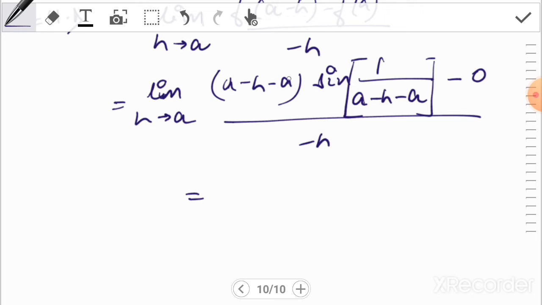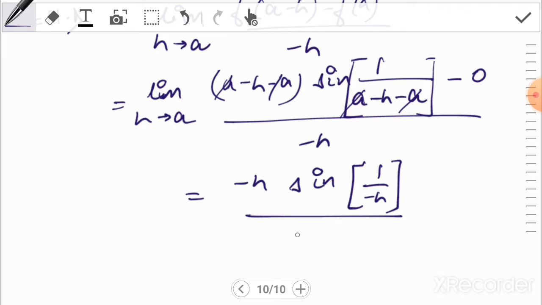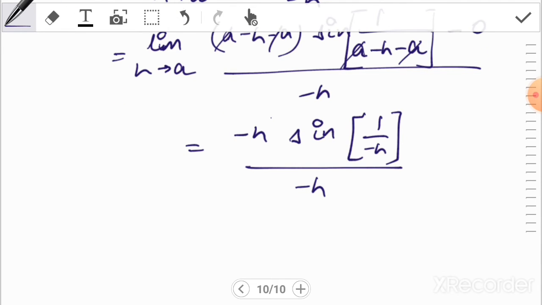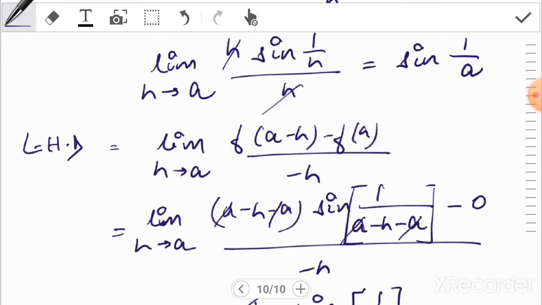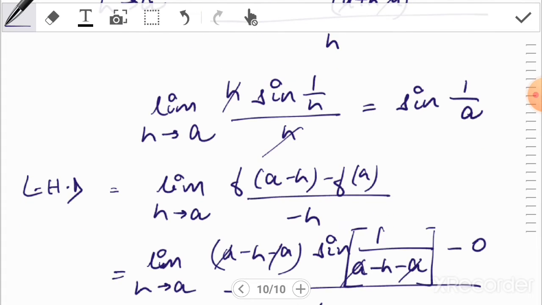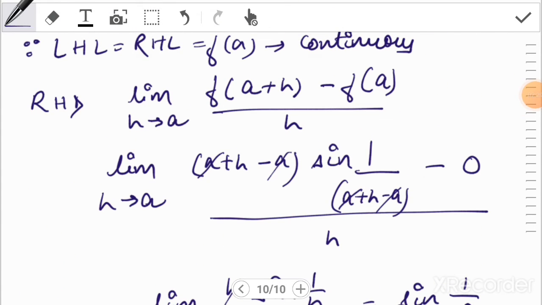Okay, so this gets cancelled again, which is minus h sine 1 by minus h and minus h. So this gets cancelled. So we have sine 1 by minus h. Sorry, I have taken a everywhere. So h tends to 0 now.